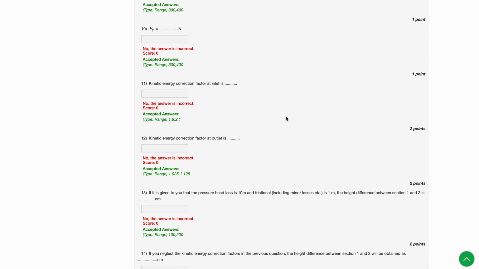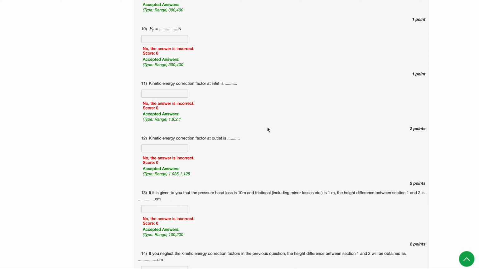So yeah, now let me go to the other problem, that is the problem number 11. What it says, kinetic energy correction factor at the inlet. So momentum correction factor is actually affecting the forces, that is the momentum equation.